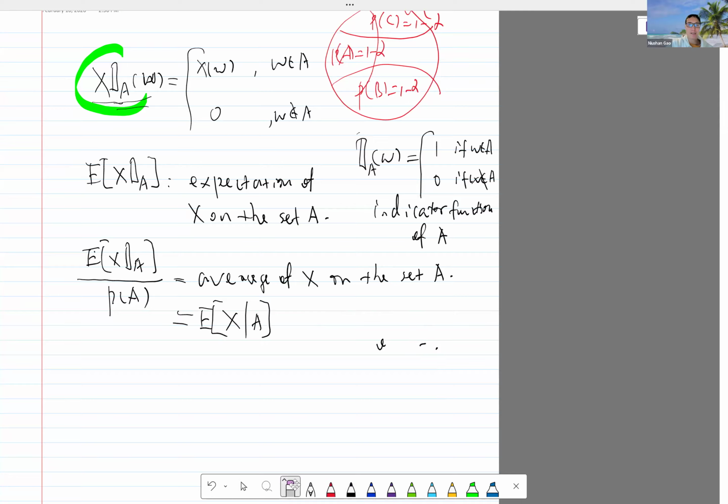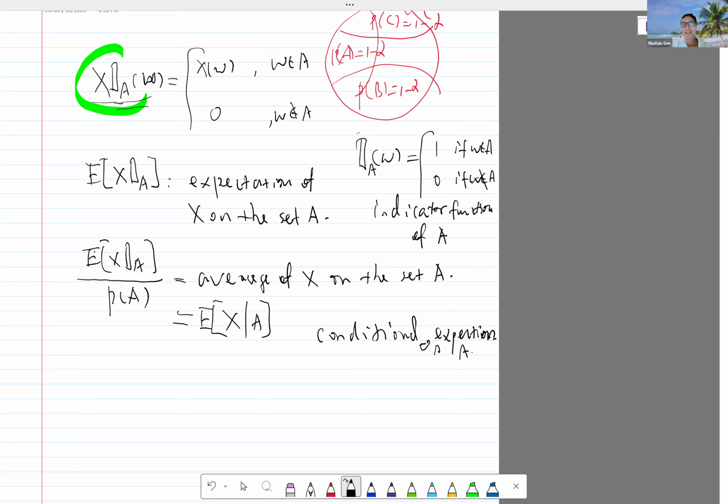You can check your notes from MTH 304. This is conditional expectation on A. So what is conditional expectation on A? It means restricted on A, what do you expect? Expectation means average.